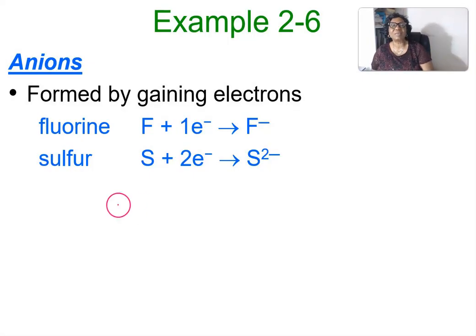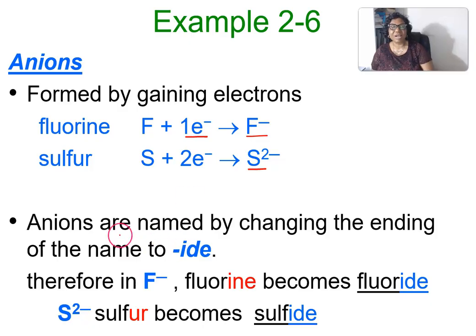So we'll take some examples. This is fluorine. It has gained an electron. It's an anion. Sulfur gained 2 electrons, it is an anion. Anions are named by changing the ending of the name to -ide.